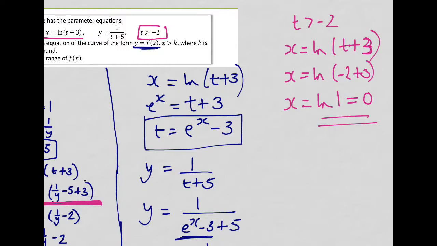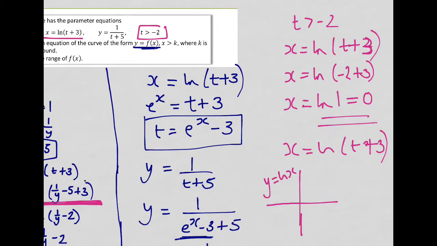So we know this is our function, and I need you to think a little bit about the graph, because if you think of our graph of the natural log, if I was just trying to draw the graph of y equals ln of x, it would be like that. Now this is just a transformation of that graph.